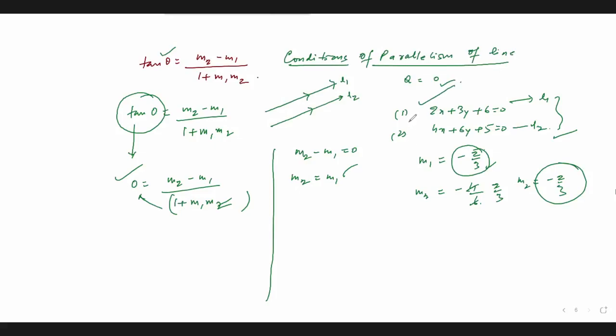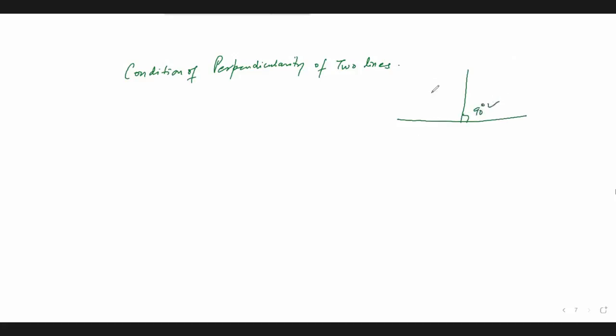So this was a condition which we are getting with this formula, that if the lines are parallel, then the slopes are equal. Now the second condition arises, that is the condition of perpendicularity of two lines. That means when two lines are perpendicular to each other, they make a 90-degree angle. So what will be the condition for a 90-degree angle?